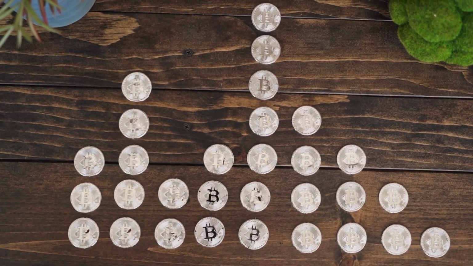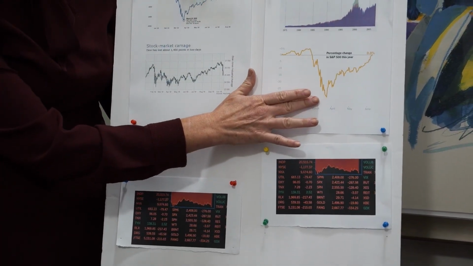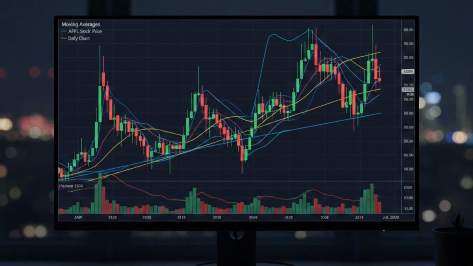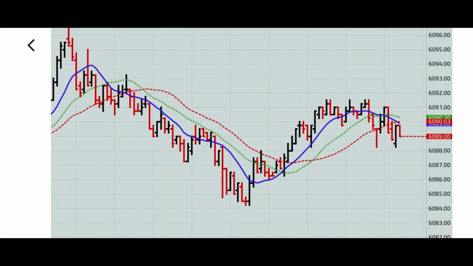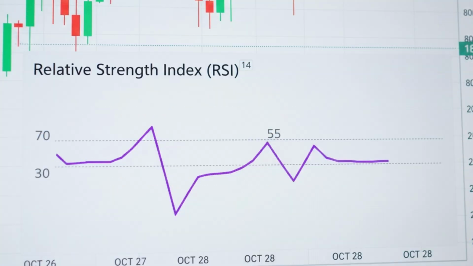Understanding market phases requires a combination of technical indicators and analytical tools. Moving averages help identify the overall direction of price trends, smoothing out short-term fluctuations. The Relative Strength Index, or RSI, signals whether an asset is overbought or oversold, providing insight into potential reversals.